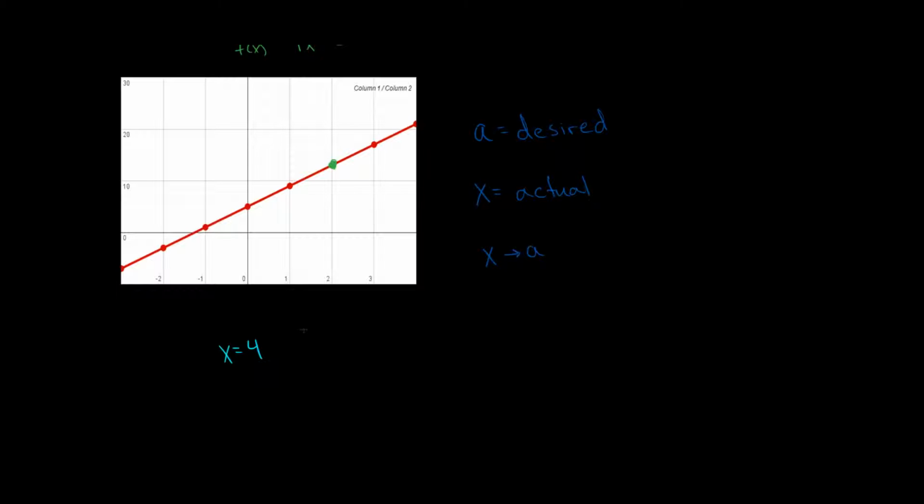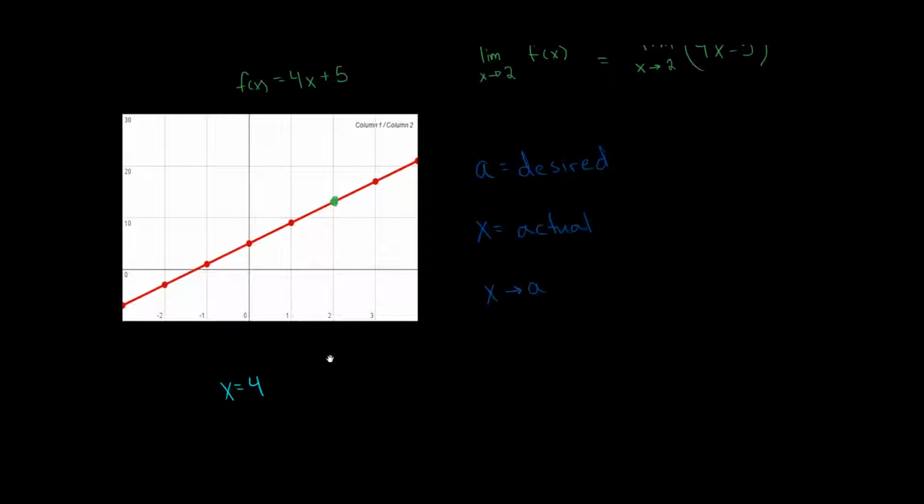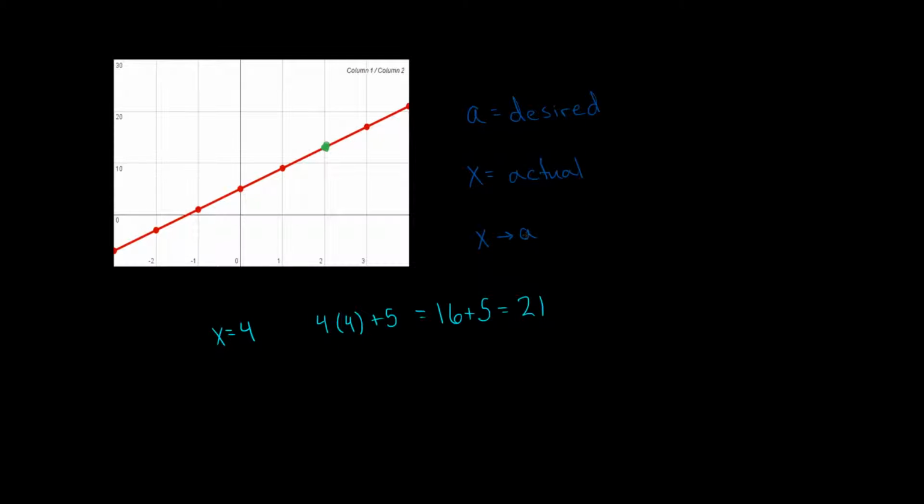We plug x equals 4 into 4x plus 5, so we have 4 times 4 plus 5, which is 16 plus 5, which is 21. Now let's repeat this with x equals 3. We have 4 times 3 plus 5, which equals 12 plus 5 equals 17.